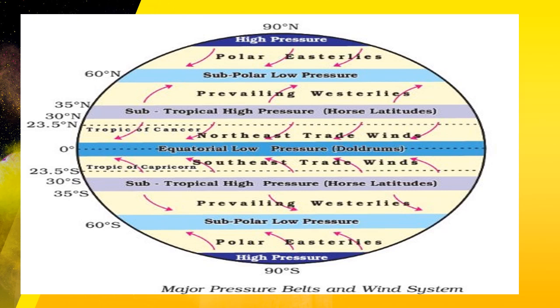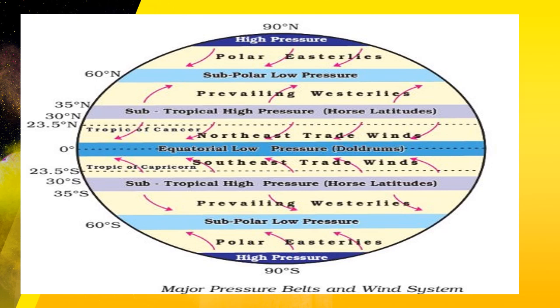The subtropical high pressure belts, which are also called horse latitudes, are located between 30 degree north to 35 degree north in northern hemisphere, and 30 degrees south to 35 degrees south in southern hemisphere. As the air descends here, there is formation of high pressure areas, and from these high pressure areas air again moves towards the equatorial low and subpolar low pressure area, which is located at 60° north and 60° south.